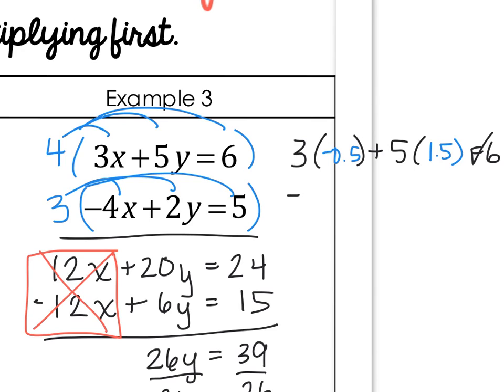And then the next one, negative 4 times negative 0.5 plus 2 times 1.5 equals 5. So that's 2 plus 3 equals 5, and it checks out.